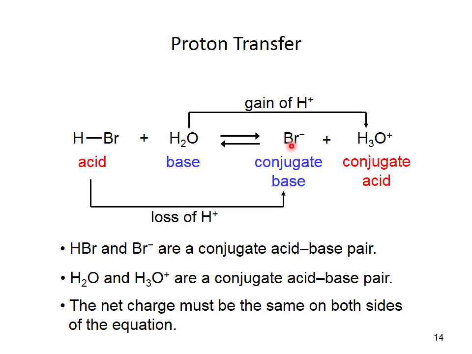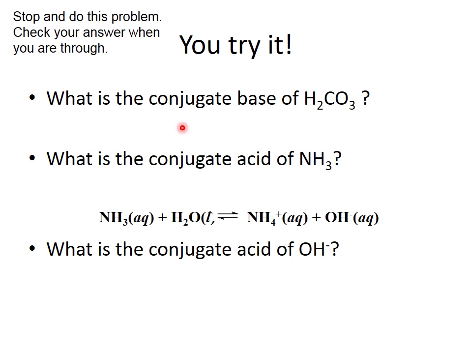So all you have to do to figure out what your conjugate base is of an acid is to remove a proton. Likewise, how do I figure out the conjugate acid of a base? I take this base and I add a proton to it, and that just makes a conjugate acid. It's a very easy process to figure out the conjugate acids and conjugate bases.